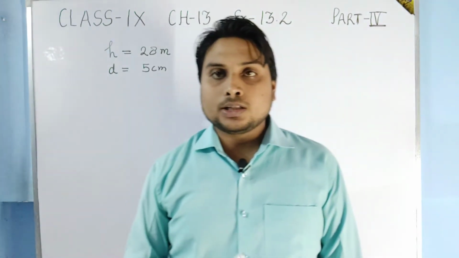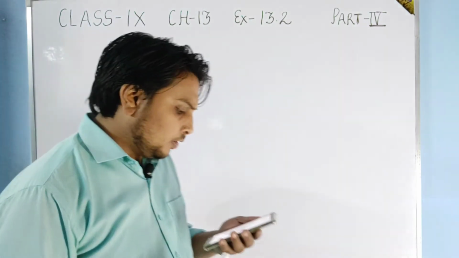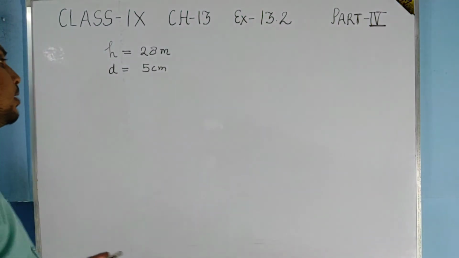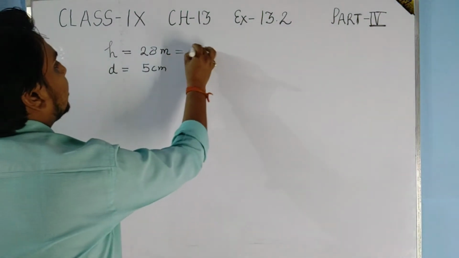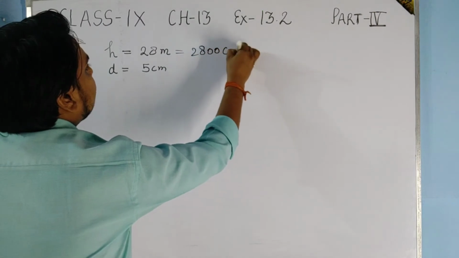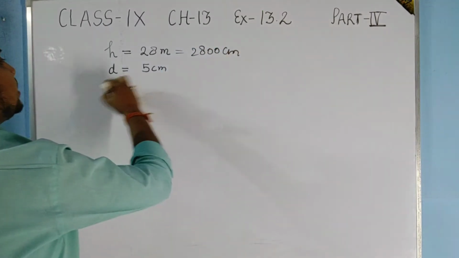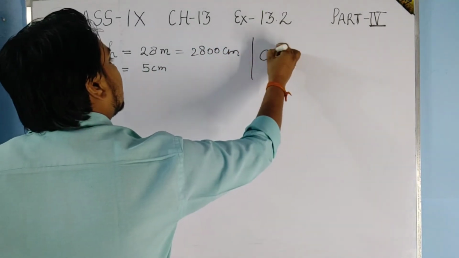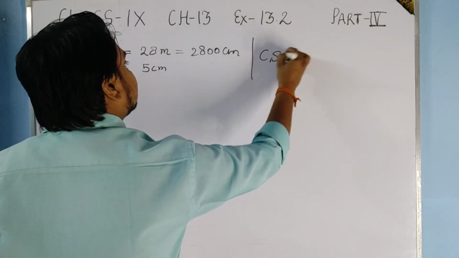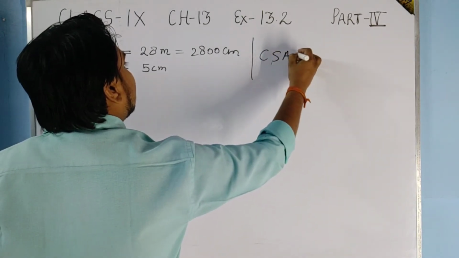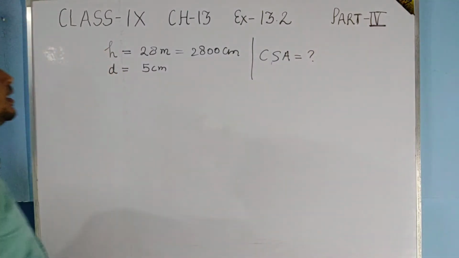Students, in this question also you find the curved surface area. Just note it down as a hint: firstly make it 2800 centimeter, and the diameter is in centimeter, and then apply the formula of curved surface area and solve it.